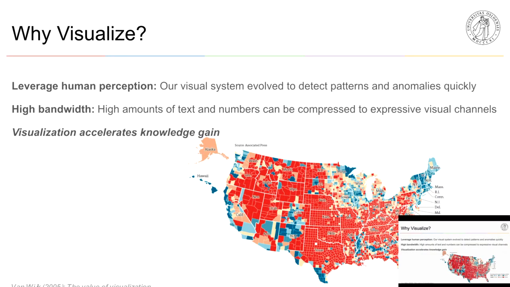So why do we even want to visualize? Well, first of all, our visual system has evolved over millions of years to detect patterns and anomalies quickly. So for instance, looking at this map, I can spot anomalies very quickly.